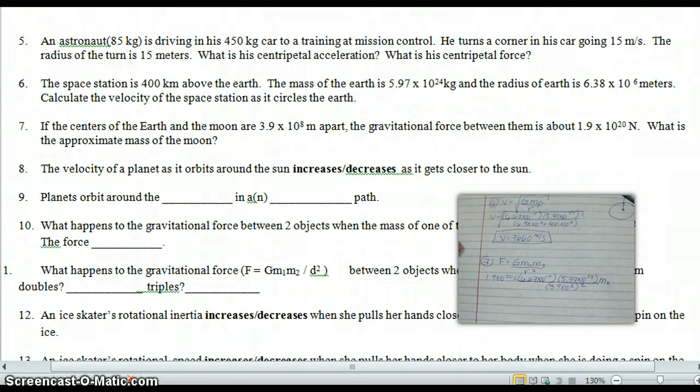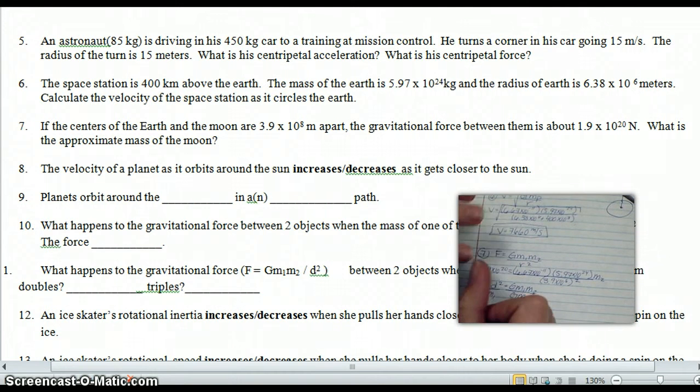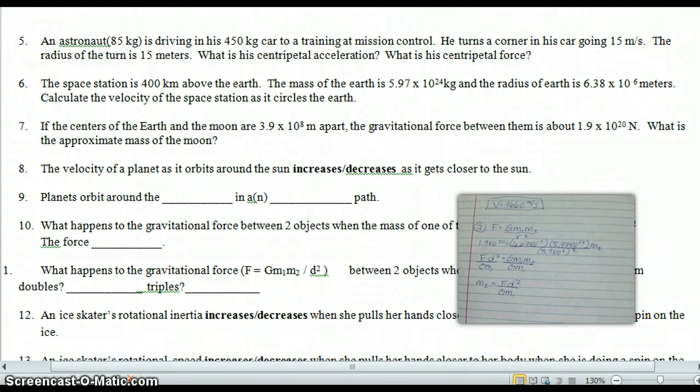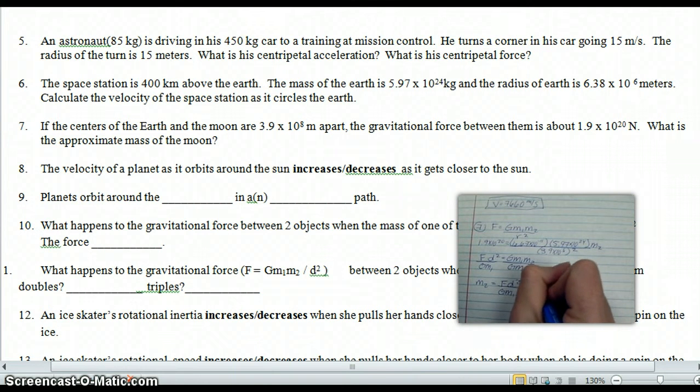So just like we did before in problem 4, we multiply our force times our distance squared, or our radius squared, and then we divide by G times M1. So to find our second mass, our equation is force times our distance squared divided by G times M1. So our force was 1.9 times 10 to the 20th.